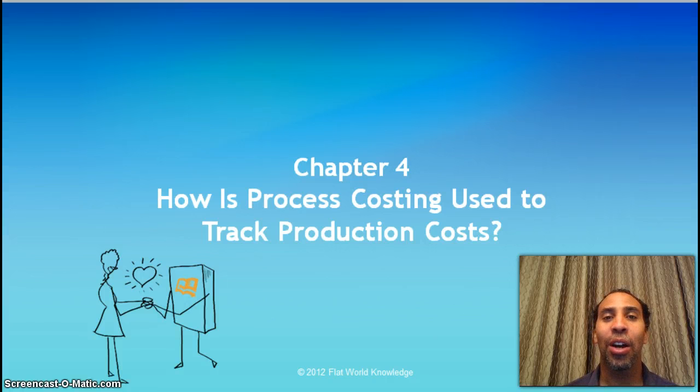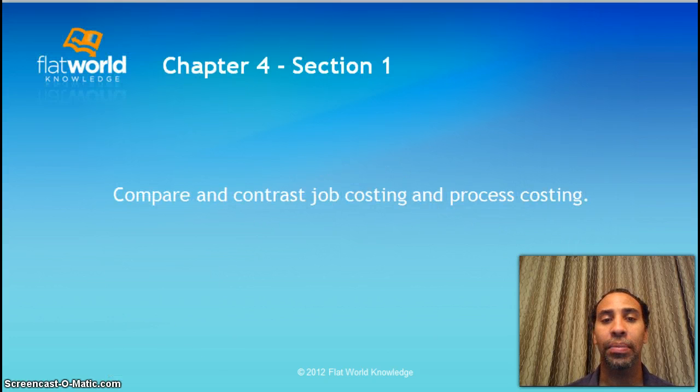We're going to go over Chapter 4, How is Process Costing Used to Track Production Cost? Not as many slides as Chapter 3, but plenty enough to have a good understanding of this portion of managerial accounting. So we want to compare and contrast job costing and process costing.